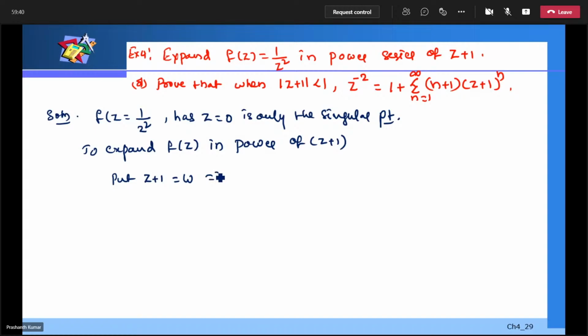So this implies z is equal to w minus 1.